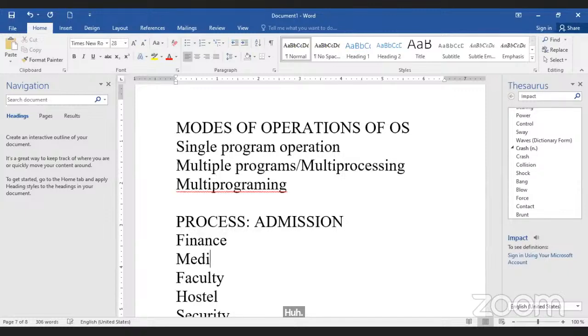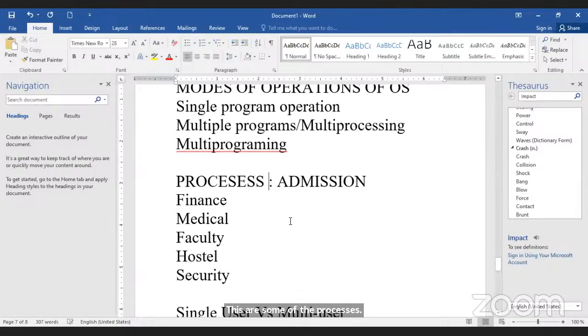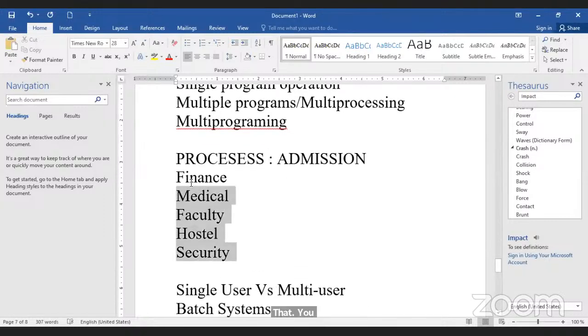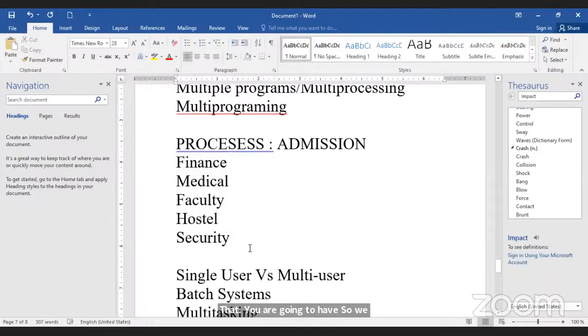So let us assume these are some of the processes that you are going to have.